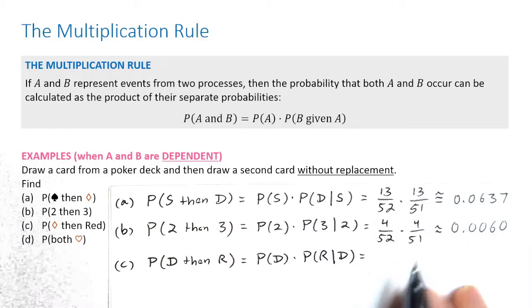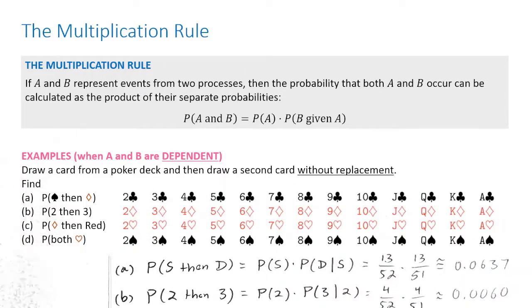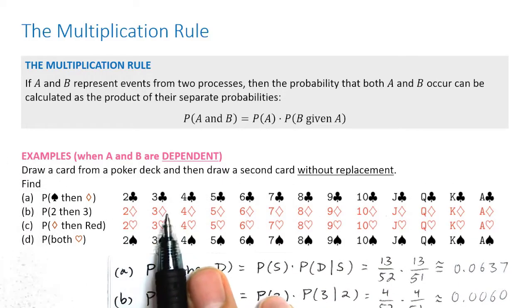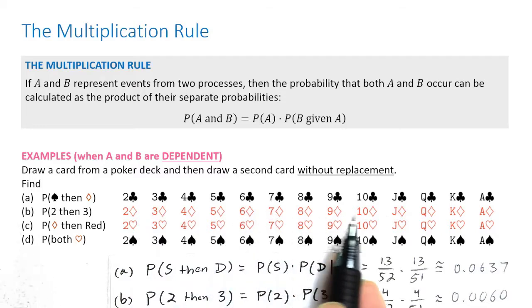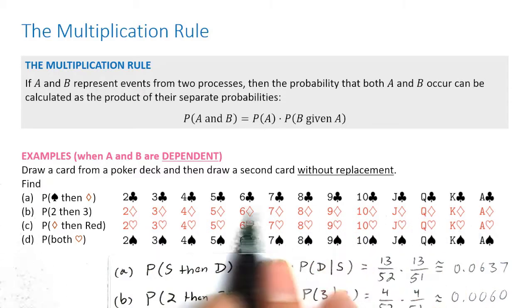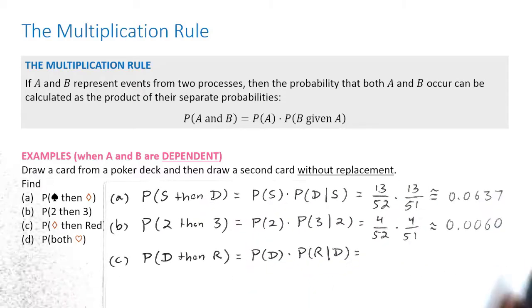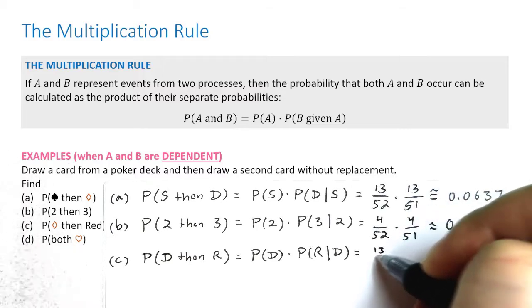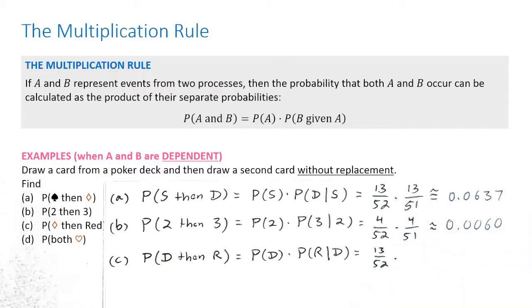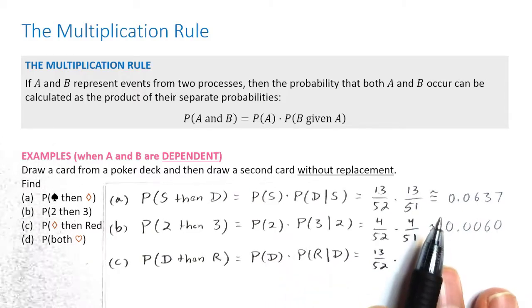Okay, well, diamonds. There are 1, 2, 3, 4, 5, 6, 7, 8, 9, 10, 11, 12, 13 diamonds in the deck, right? So 13 out of 52 is my probability.